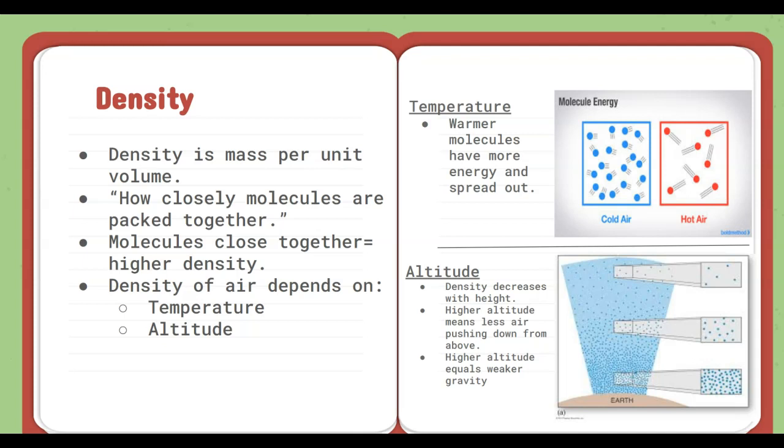But as you go away from Earth's surface, you see that the little dots or the molecules spread out. The higher altitude means less air pushing down from above, and higher altitude also equals weaker gravity. Those are two reasons why density decreases with the height as you go up in Earth's atmosphere. So higher altitude means less air pushing down from above, and higher altitude equals weaker gravity to hold those molecules to Earth's surface.